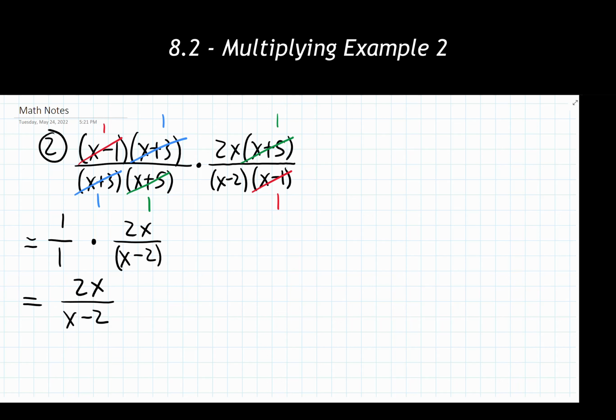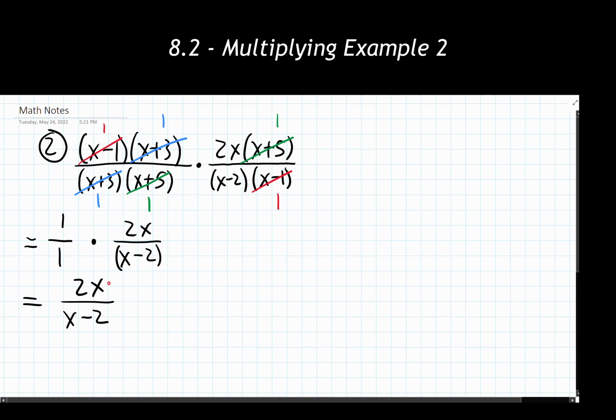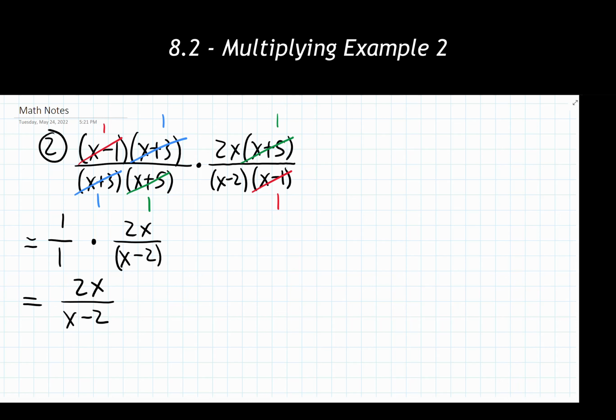We can absolutely never pick and choose just individual parts of the numerator, parts of the denominator to cancel out as we see fit. It must be factor, then cancel. That's the order it goes in. So because we can't do that, we can't go any further than this with simplifying this down and multiplying things together. So here we have our final answer of 2x over x minus 2.